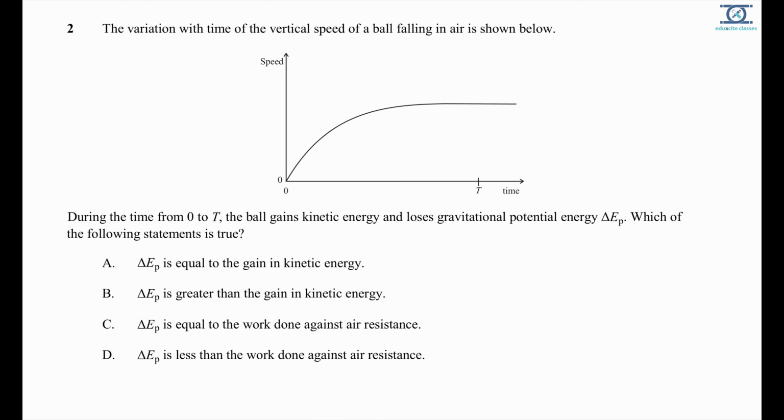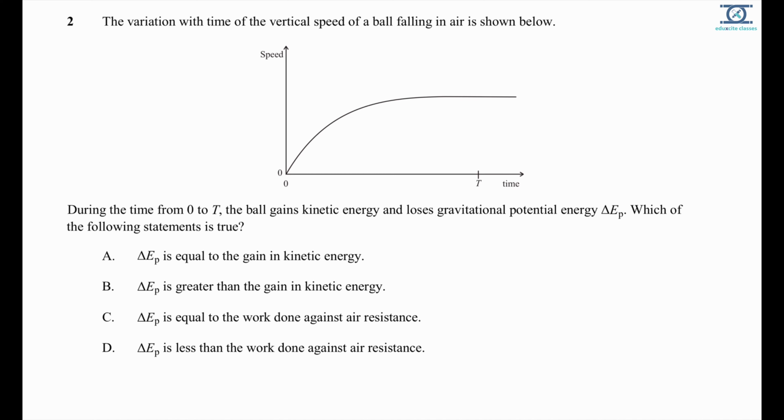Now pause the video for question number 2 and solve. Yeah, the question number 2 answer is B. Yes, so the EP, that is nothing but the gravitational potential energy, has to be greater than the kinetic energy, because the ball is falling through air, and due to air resistance there will be some losses.